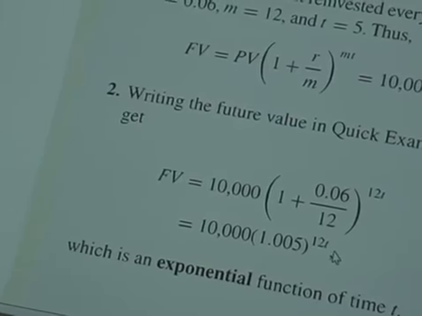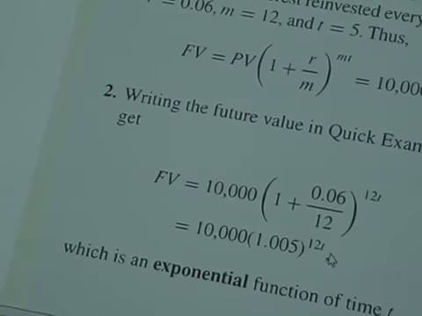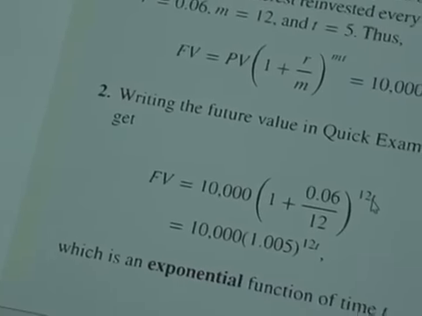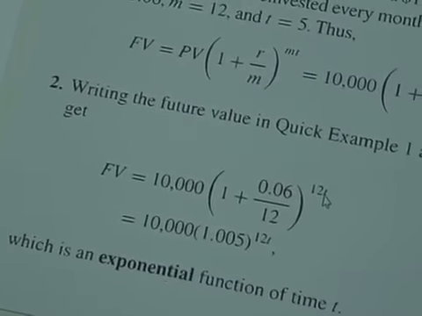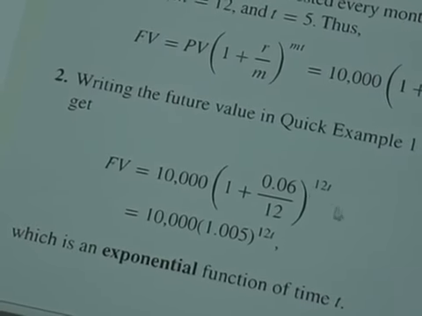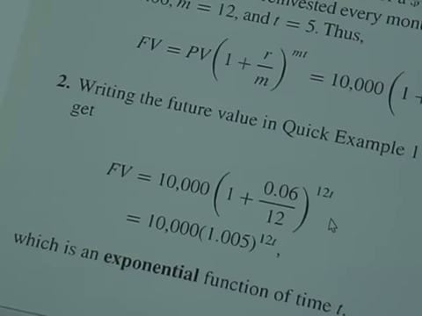So I'll ask you, where is the variable? Where is the x? Please stop playing with your phones and talk. Where is the x? Or where is the t? Isn't it in the exponent? Right? Now, didn't we talk about exponential functions before? And didn't I tell you that exponential functions grow really, really fast?